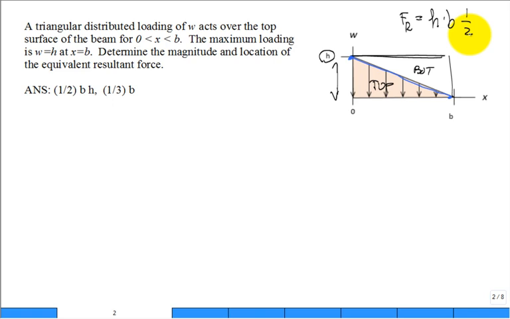Okay. Then the next question is, once I understand that, my guess or intuition says that. Where would I apply x bar? Would I apply x bar at b over 2? Would that be the appropriate location? No, it's too far to the right, isn't it? Shouldn't it be closer to the origin?